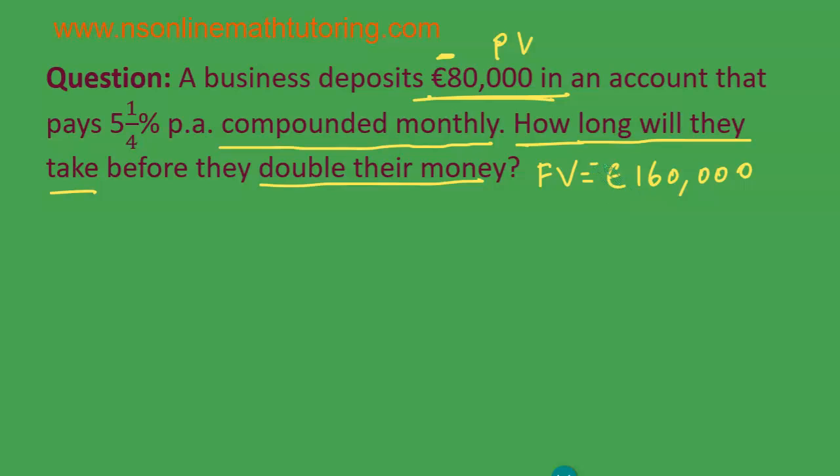And this will obviously have a plus sign because the business company will be getting back this amount. And this is the rate per annum 5.25, compounded monthly. Okay, let me first of all bring in the finance solver.